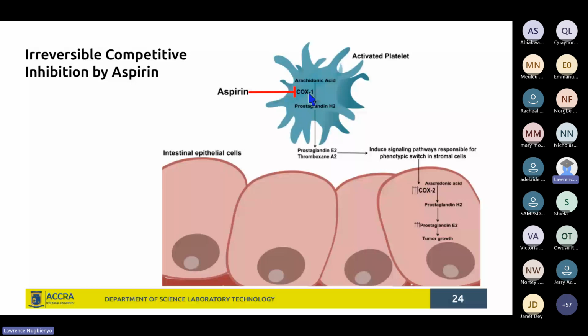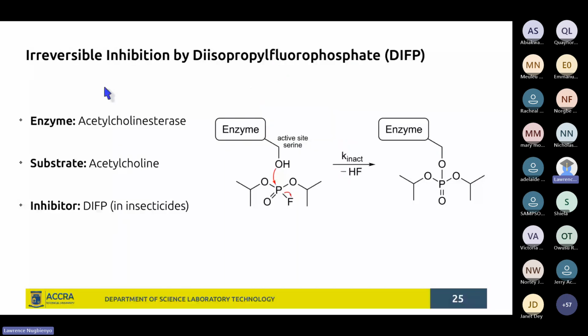So that's how these painkillers also act. I think this should be the last one, where you have what we refer to as diisopropyl fluorophosphate. This is something which you find in insecticides.